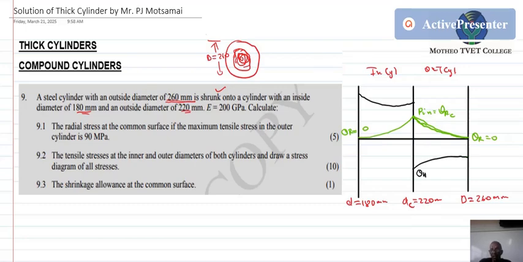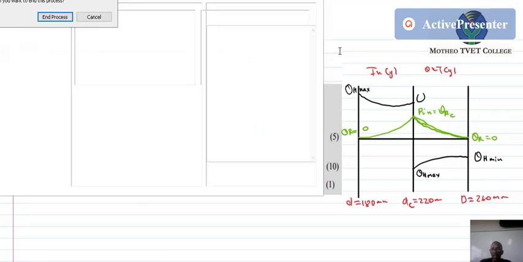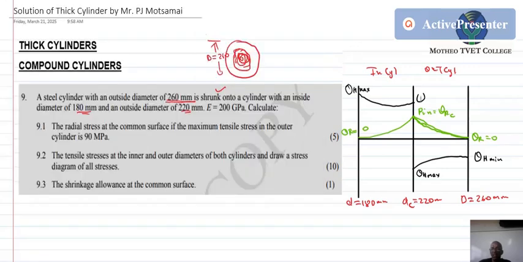We have hoop stress maximum and hoop stress minimum for the outer cylinder, right? And then we are going to have the hoop stress maximum for the inner, and minimum for the inner.